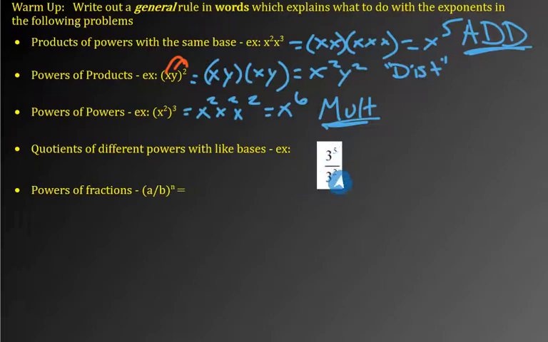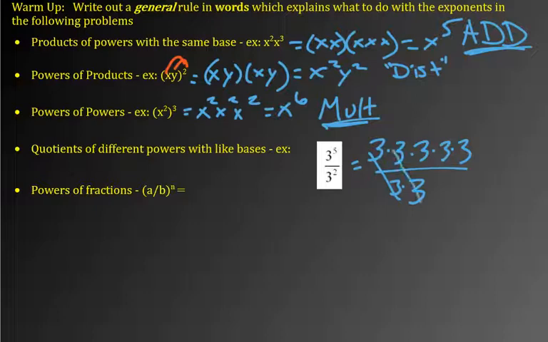This one is honestly very similar to the first one. If we have a quotient of different powers but with the same base, so something like this example, I'm going to expand this first. So we have 5 3s up top, and then we have 2 3s down the bottom. And so we could start reducing, and those go to 1s, right? And then this would be 3 to the 3rd power is what we have, right?